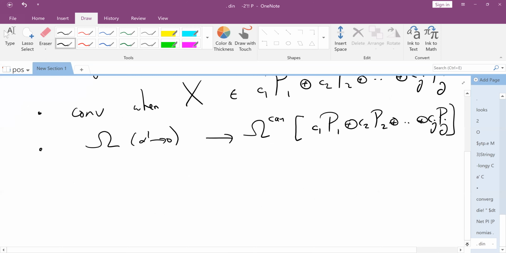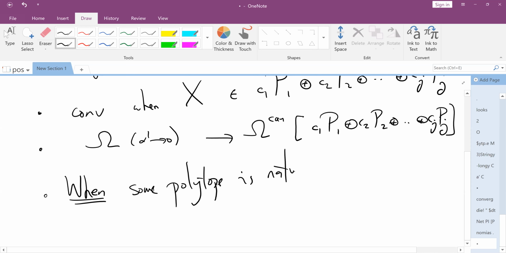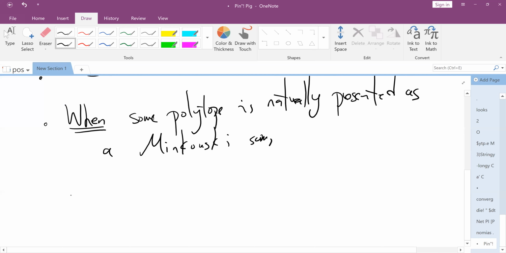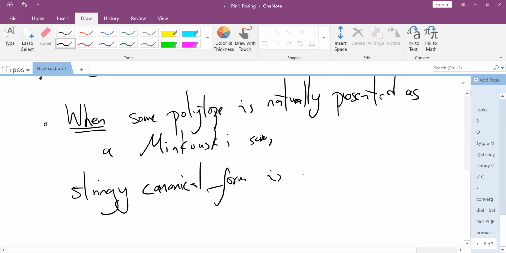So I mentioned this, so we see that when some polytope is naturally presented as a Minkowski sum, and we'll see this in a bit, the stringy canonical form is a natural way to compute its canonical form.